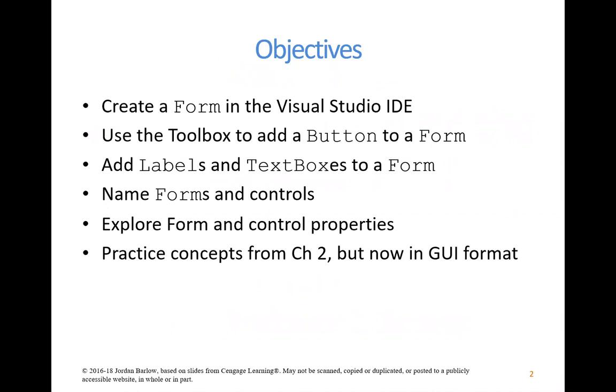And finally, we will do some practice exercises, and you'll see that the coding that we do will look very similar to the coding we did in Chapter 2, but now we're using a graphical format instead of just a text-based application. So our applications are getting more realistic now.